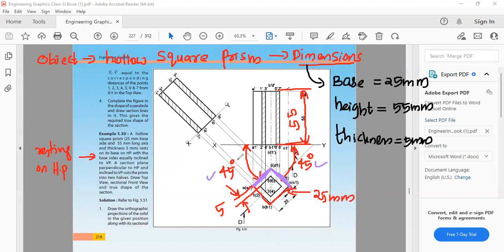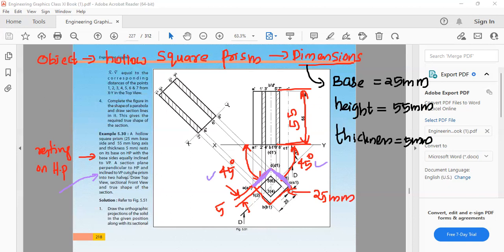Then where is the cutting plane? The cutting plane is perpendicular to HP. And cutting plane is inclined to VP, right? But what is the value of the angle of inclination?